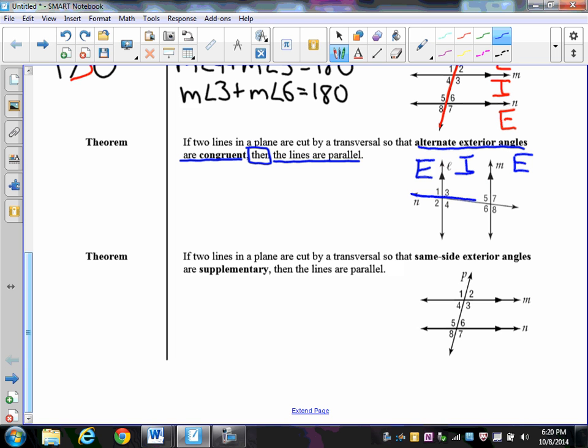The transversal is line N. So I'm looking for alternate exterior, that's opposite sides of the transversal, so I'm going to have angle 1 is congruent to angle 8, and angle 2 is congruent to angle 7. Once more, if I say that one of those is correct, that's enough to show that the two lines are parallel.